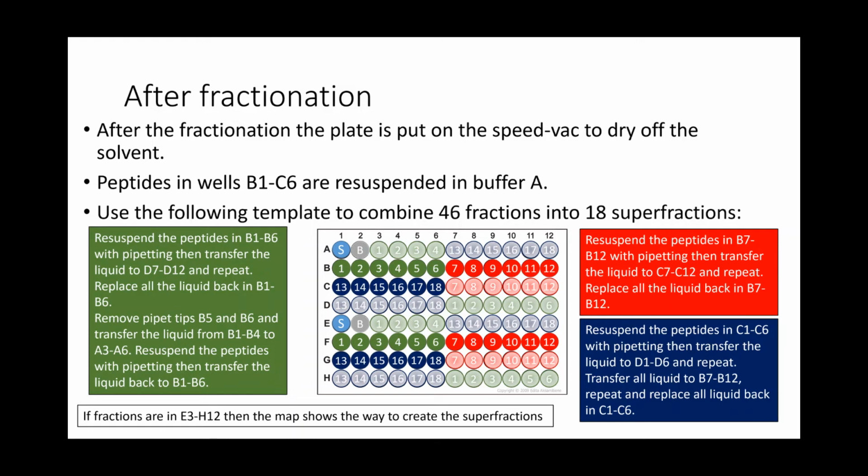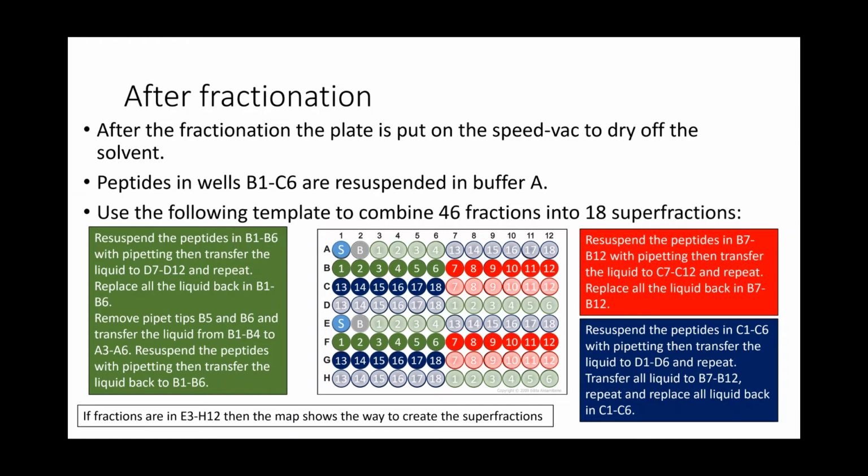And so what we've done there is we've combined some of the more hydrophobic peptides, which would be D6 through D12, with some of the most hydrophilic peptides, which are A3 through A6, with some peptides in the middle, which is B1 through B6. There are lots of different ways that you could do this recombination, but this is an easy way to do it without messing up. That would be for the green peptides.